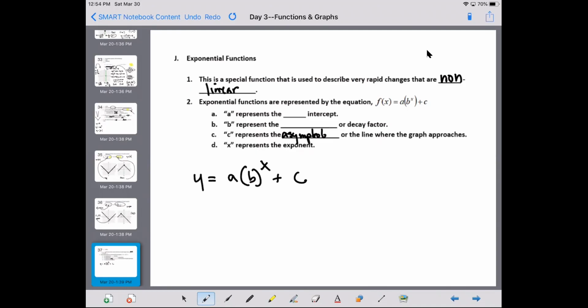It's a line that the graph will approach, kind of a limit, approaching this line, and that c value will help you understand where that's going to be. This is your asymptote line, which will be horizontal.